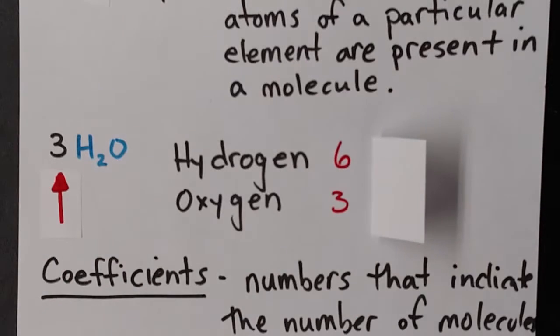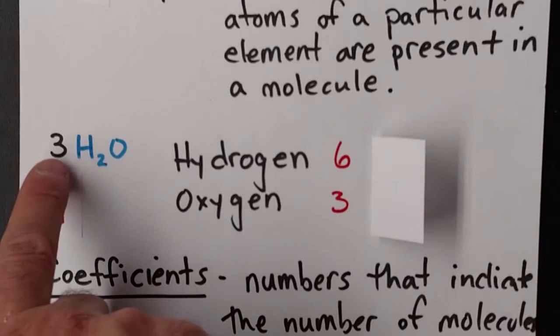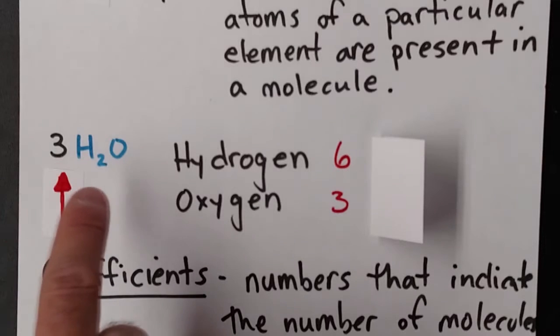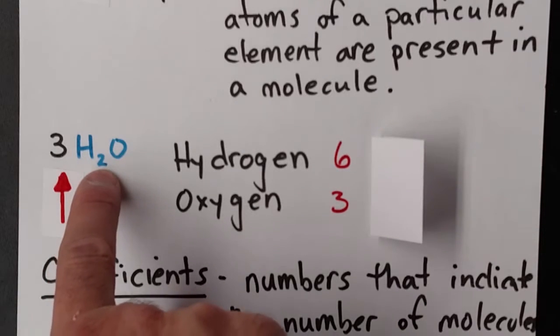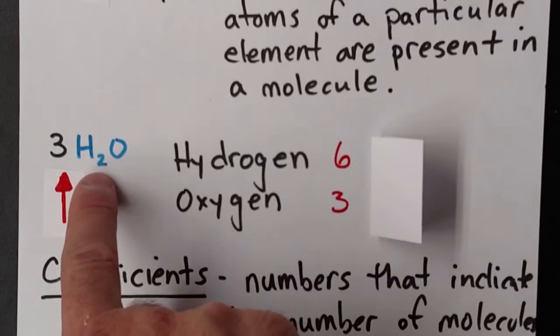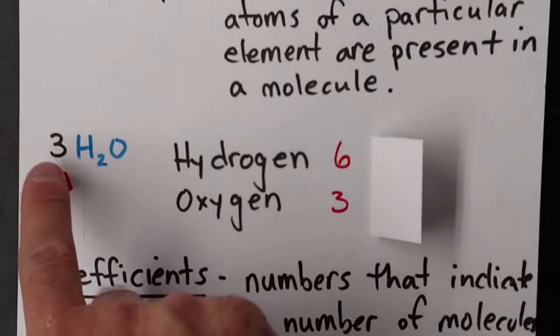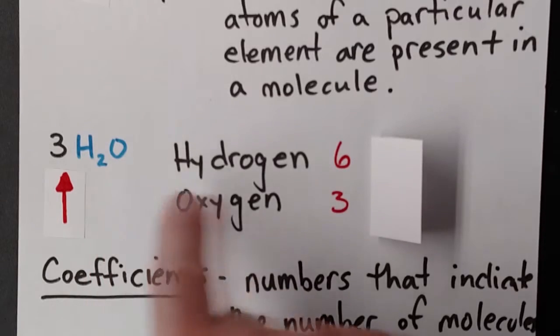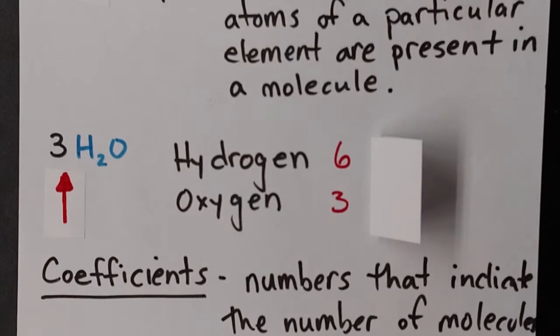So generally what we're going to do is multiply the coefficient by the subscripts, and that'll give us how many of each atom we have. So 3 times 2 gives us 6 hydrogens. 3 times 1 gives us 3 oxygens.